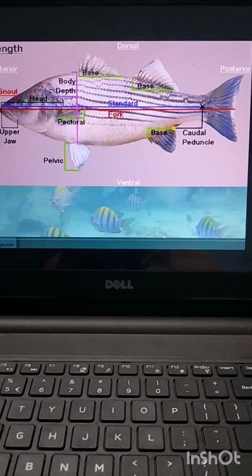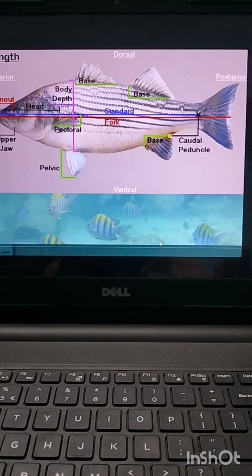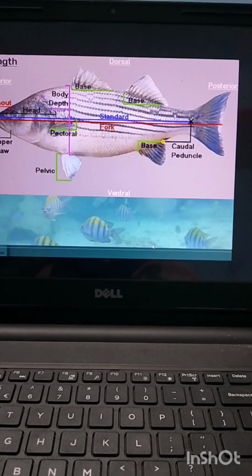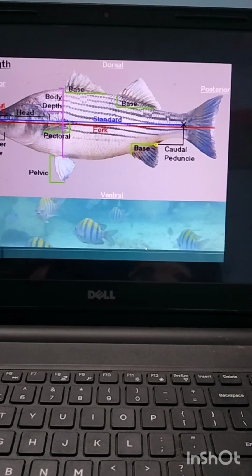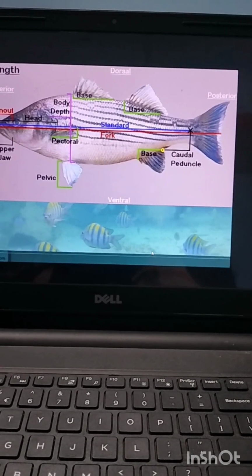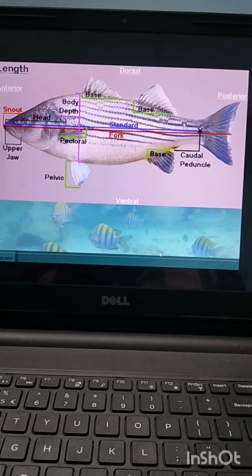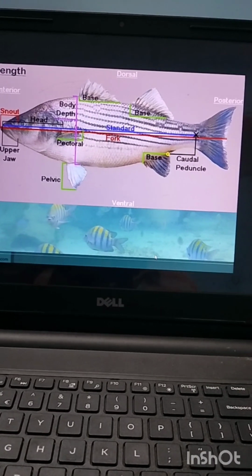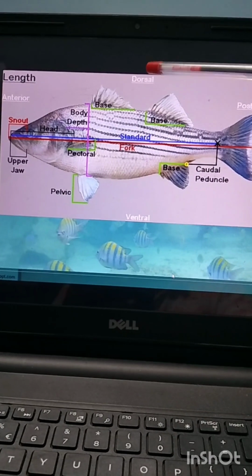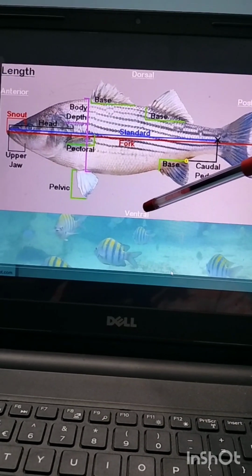If you take a fish, you should know what is dorsal and what is ventral, and what is anterior and posterior. To understand the fish structure and external appearance, you should familiarize yourself with these terms: anterior, posterior, dorsal and ventral. The upper portion of this fish is called dorsal and the lower portion is called ventral.